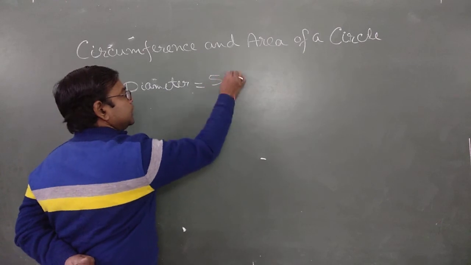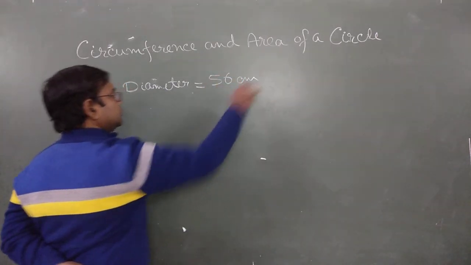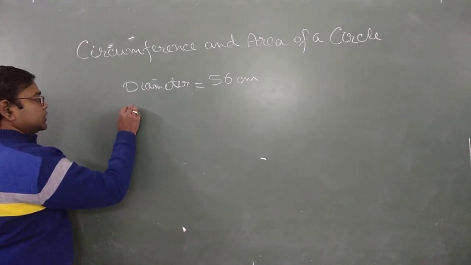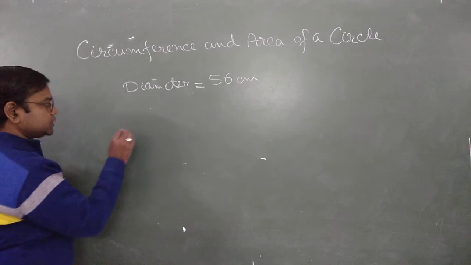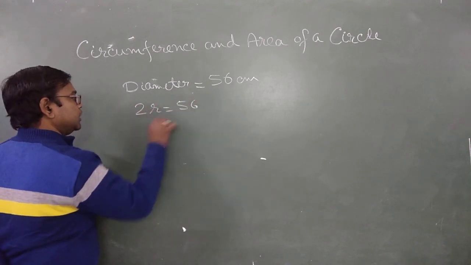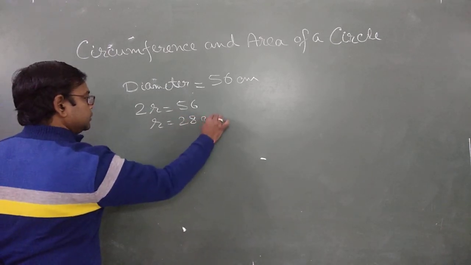The question says to find the circumference and area of the circle. As we know, the diameter is equal to 2r, so from this we can find the value of the radius. So 2r equals 56, r equals 28 centimeter.